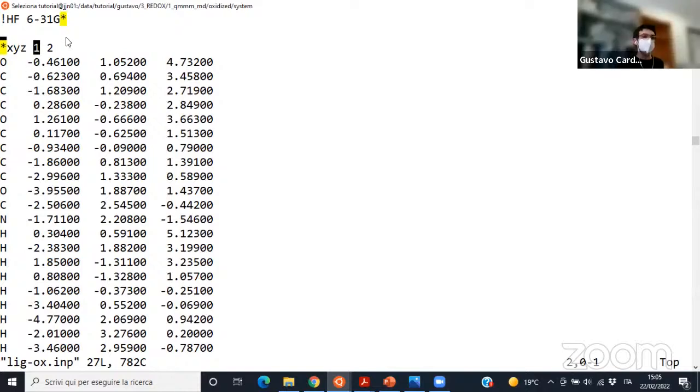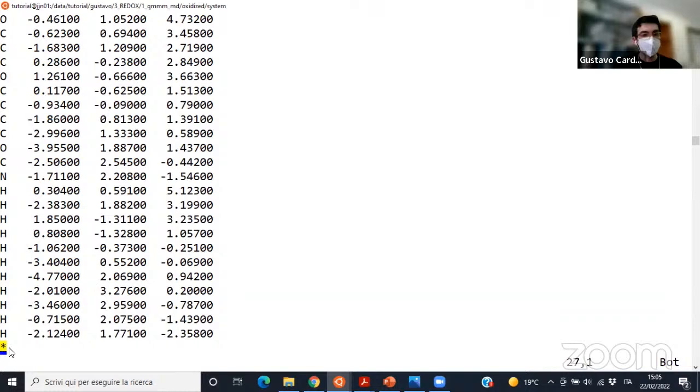This is the charge, and this is the spin multiplicity, and they're going to be different, of course, from the reduced species. This is what's going to determine that we explore a different potential energy surface. Do we have something else here? No. The input ends with an asterisk, and that's it. So this is really, really simple.